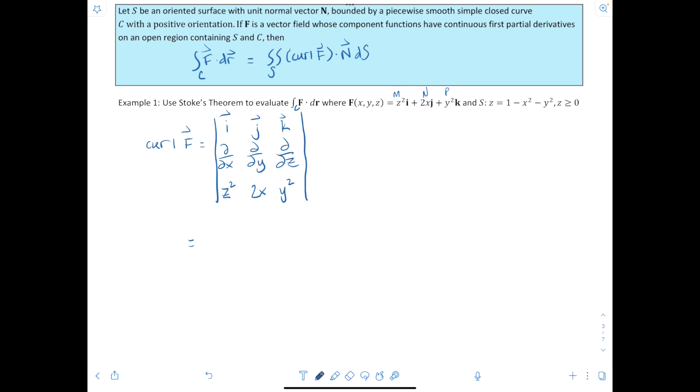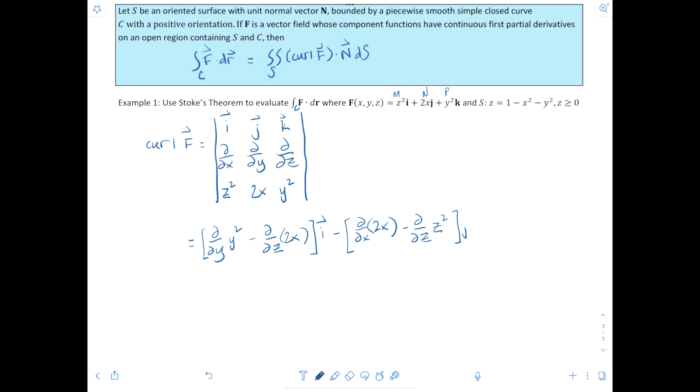So we will end up having the first partial with respect to y of y squared minus the first partial with respect to z of 2x, times i, minus quantity first partial with respect to x of 2x minus first partial with respect to z of z squared, all times j, and then plus the first partial with respect to x of 2x.